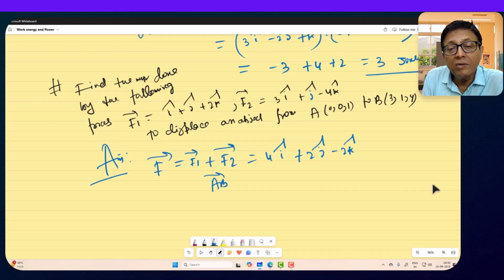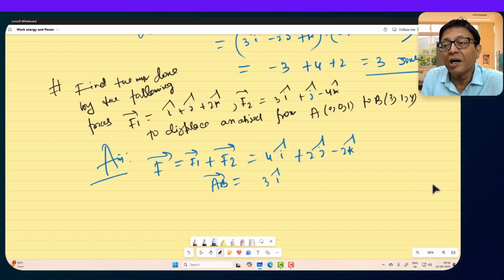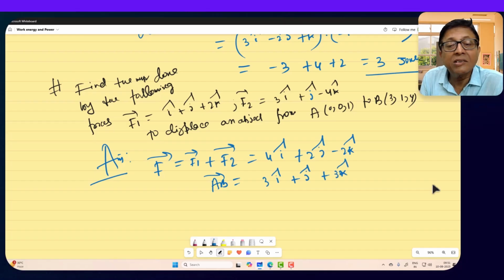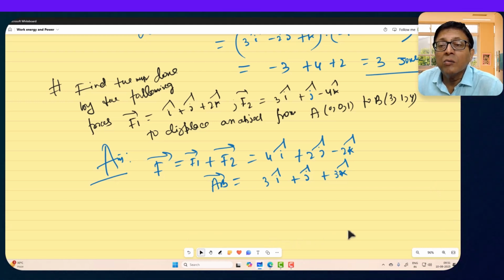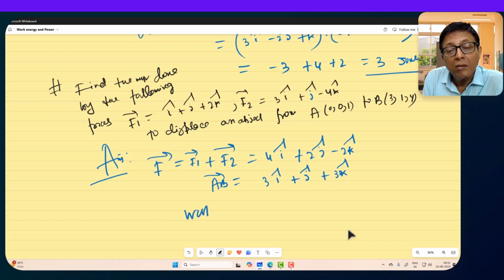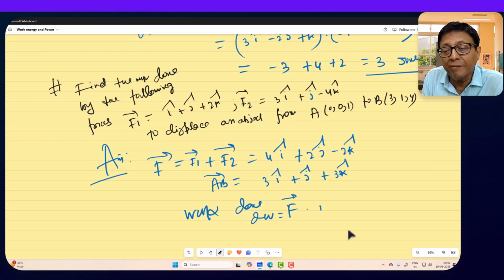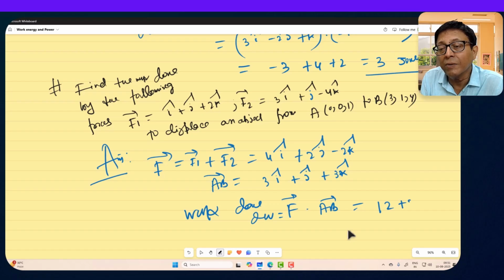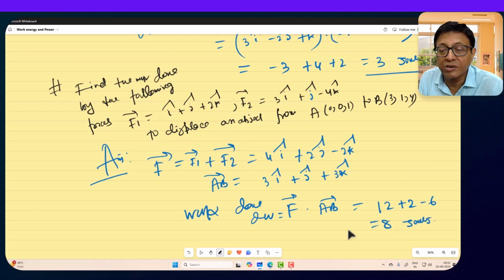AB vector, position vector of B minus position vector of A, is going to be 3i plus j plus 3k. Now work done will be F dot AB. You take the dot product of these two vectors, it will be 12 plus 2 minus 6, that is 8 joules.